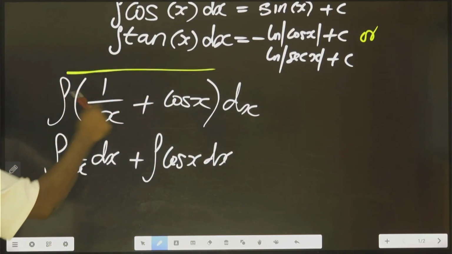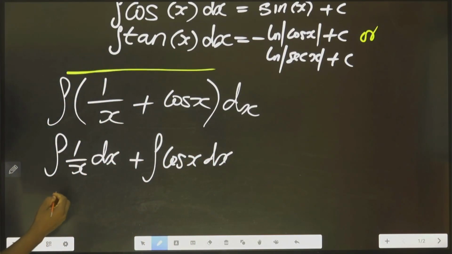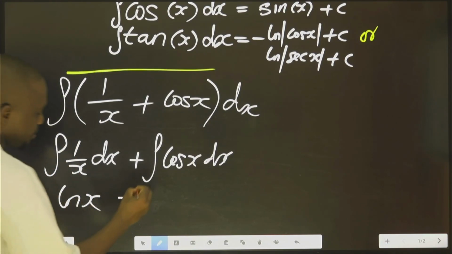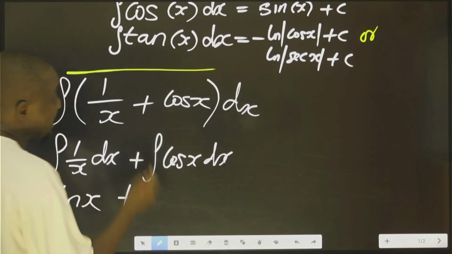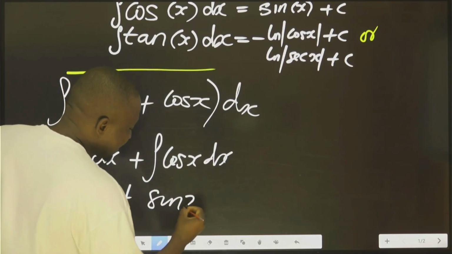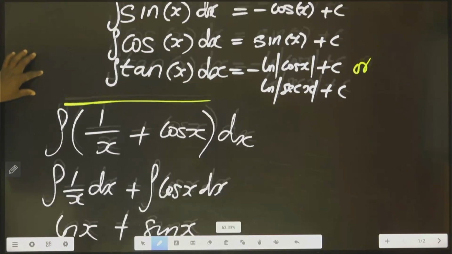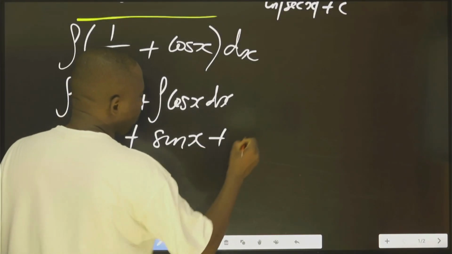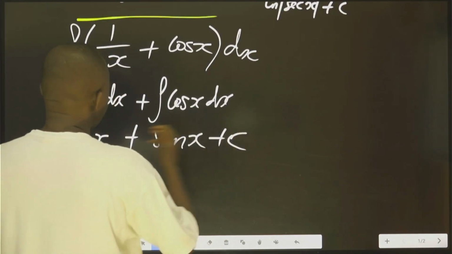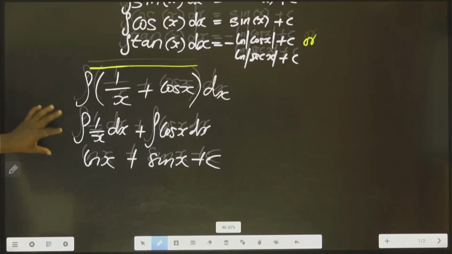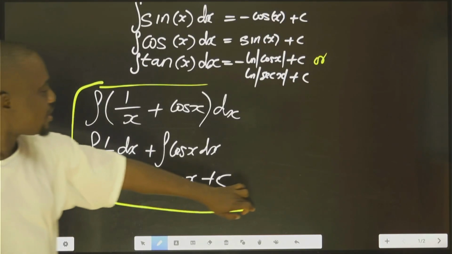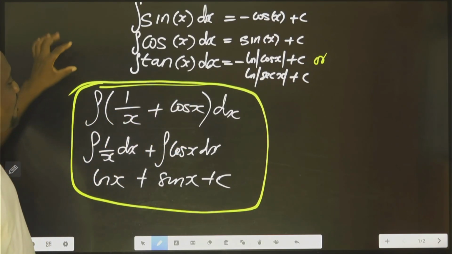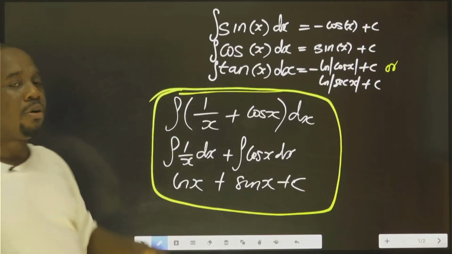For this one, it's a straightforward answer, it's ln x. For this one, the integral of cosine is sin x. All you have to do now is put plus c, because this is an indefinite integral. So this is the integration of this. Very straightforward. Hope you understand this.